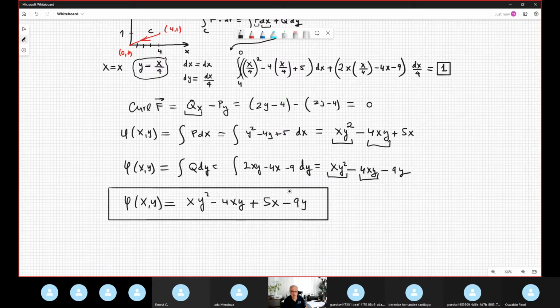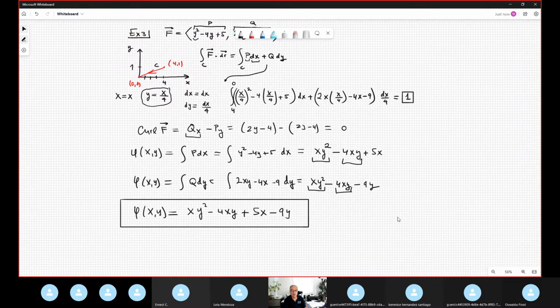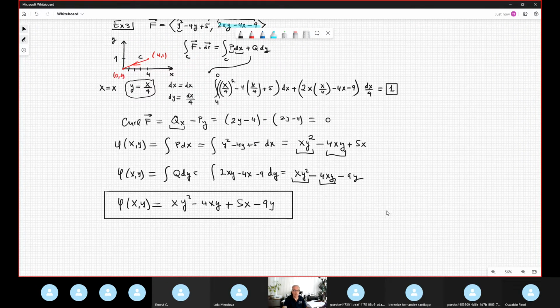Because in this specific example the vector field is conservative and the potential function exists, I have it in my hand, so you can compute the circulation integral without integration. You just evaluate the potential function at the end point minus the initial or starting point.